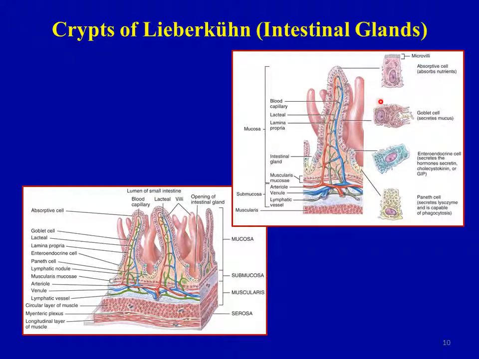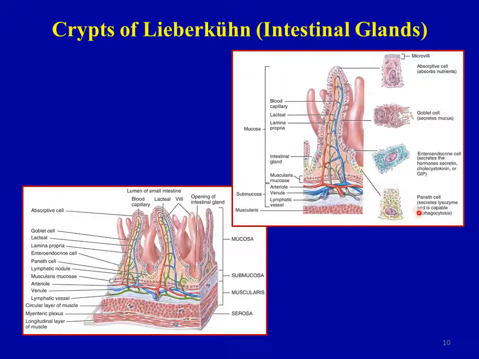In addition to that, between these absorptive cells, we can see goblet cells that secrete mucus. Again, it is rich in bicarbonate. Then, in the crypts of Lieberkühn, or the small intestinal glands, we can see the enteroendocrine cells that secrete different hormones, and we'll see examples of those hormones.